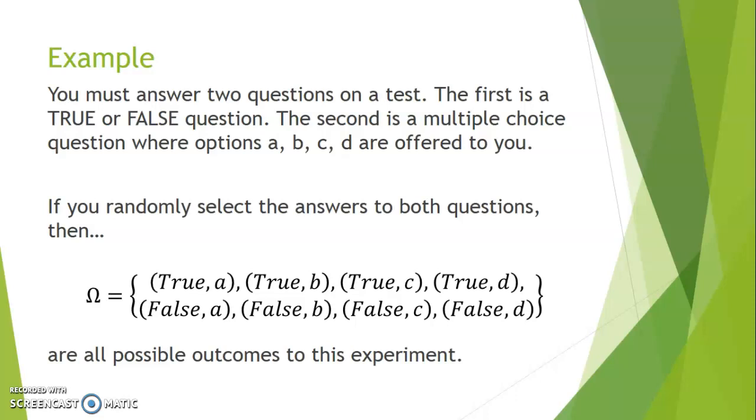Your answer to the first question can be considered a category, and the answer to the second as another category. You could also see each outcome as having a specific order.